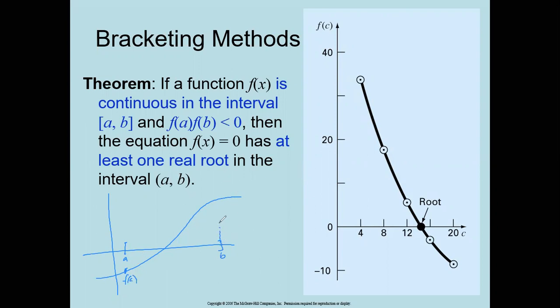And f of b is obviously positive, okay? So if we try to multiply f of a and f of b, obviously negative times positive is negative, which is obviously less than 0, okay? So we expect that within this interval, we have a root, okay? So this root is this point.